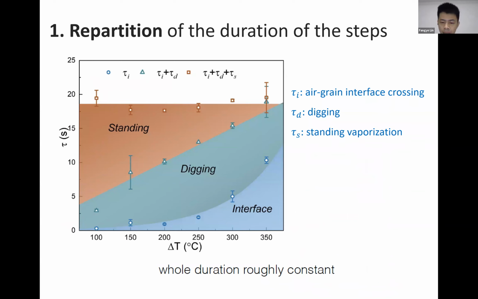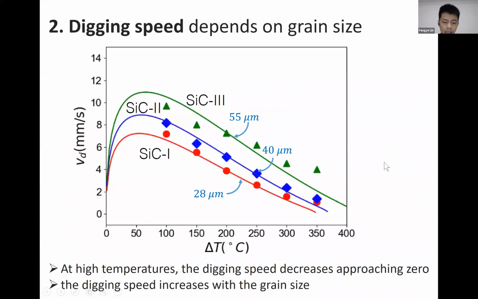The total lifetime of the water drop in the hot granular bed is roughly constant, approximately 19 seconds for all temperatures, although a higher temperature results in a longer duration to cross the interface and dig downwards. As for the digging speed, we observe that when the temperature is increased, the digging speed decreases, approaching 0.